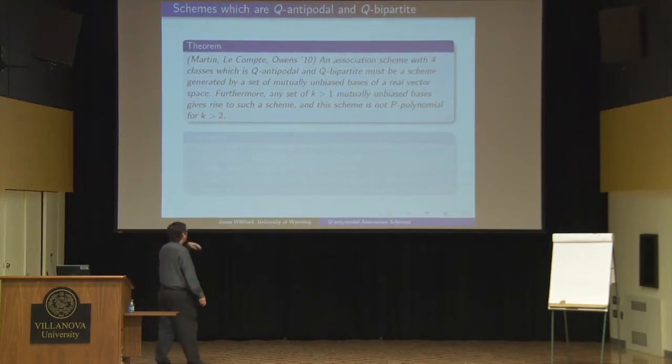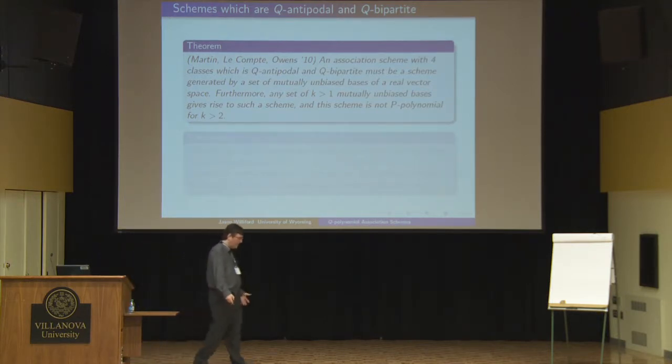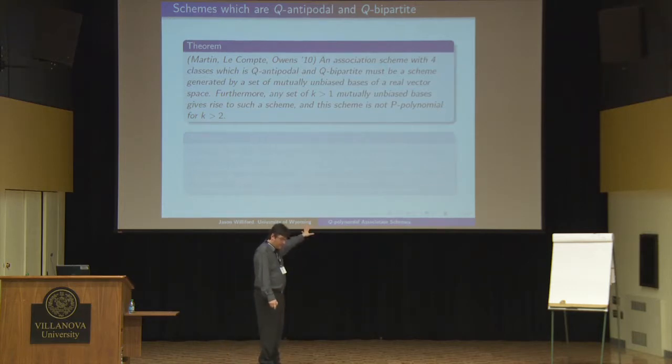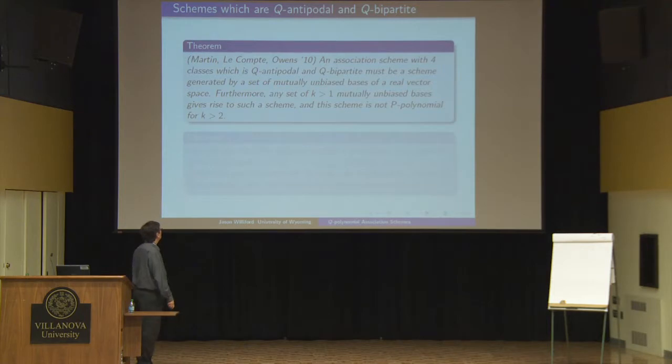Okay, I'll briefly mention some other results. This is a little bit out of place. Schemes that are both Q antipodal and Q bipartite: the things on the previous slides all obviously apply, but there are also some results here.